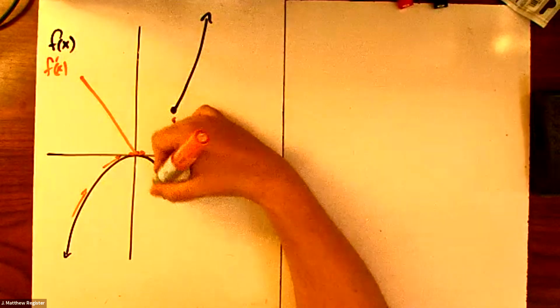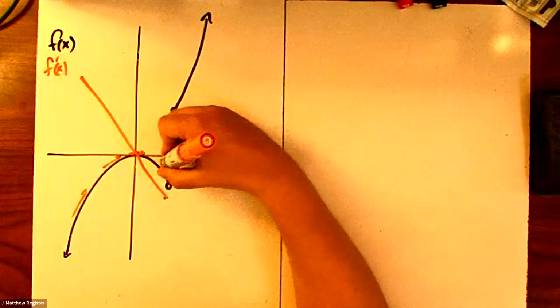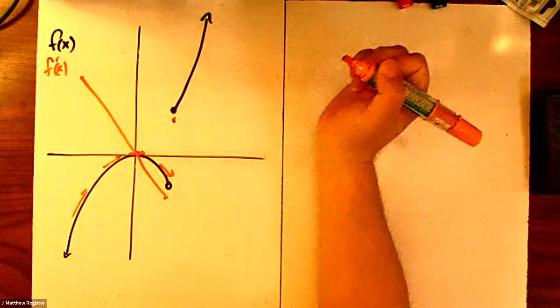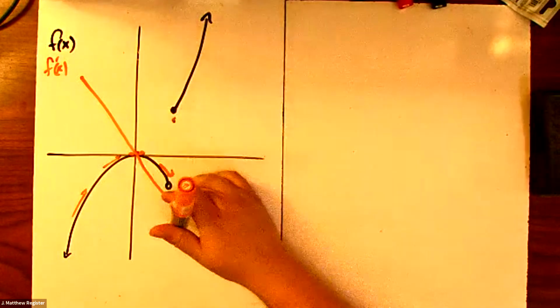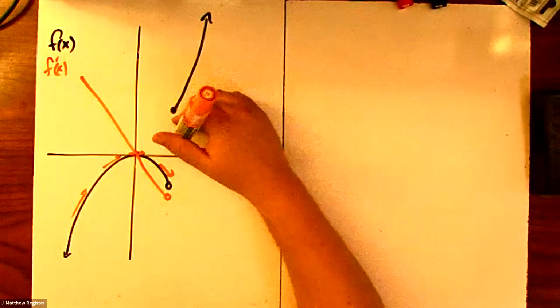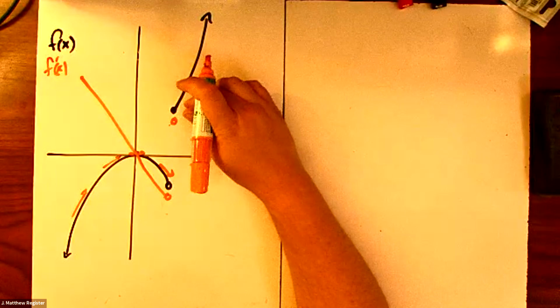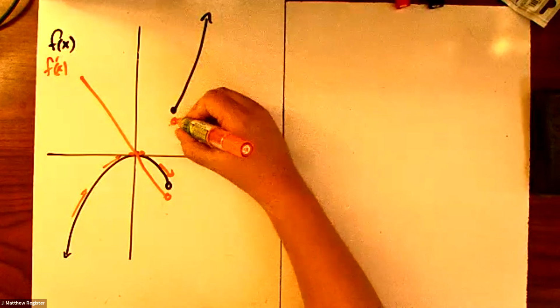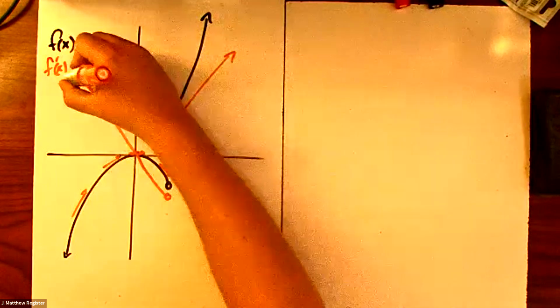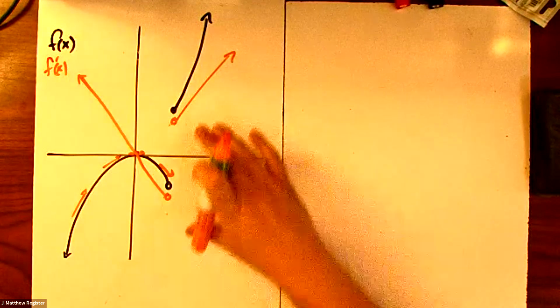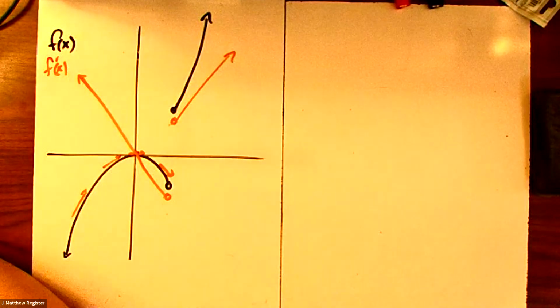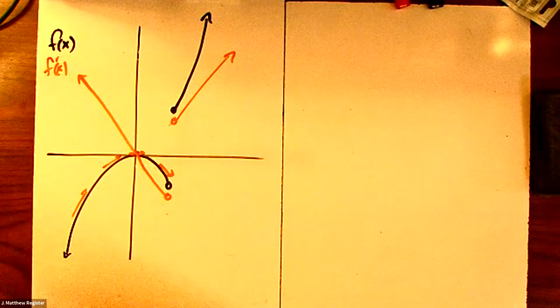And then it has to continue into negative values. Because remember over here, our slope is negative. But then it's going to jump. And over on this side, our slope is positive and it's increasing. And so this might be an example of what that slope would look like for that function.